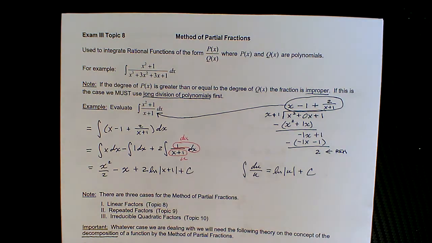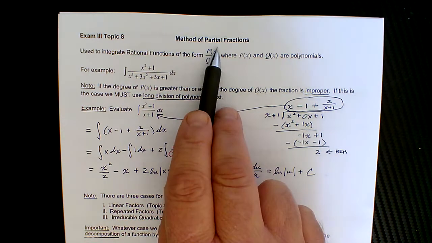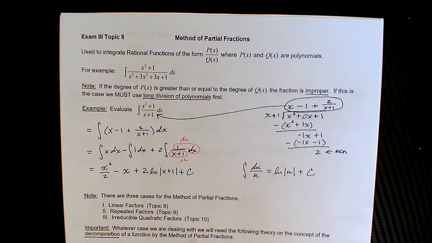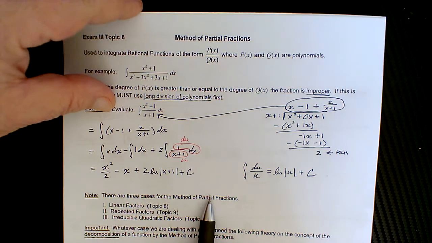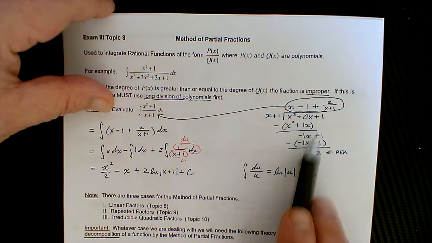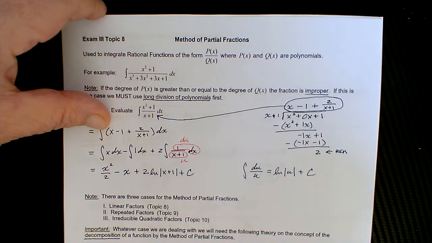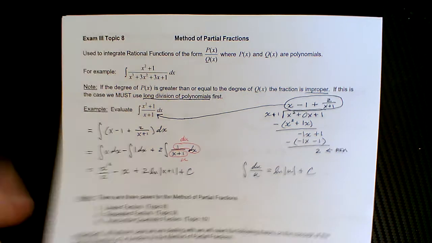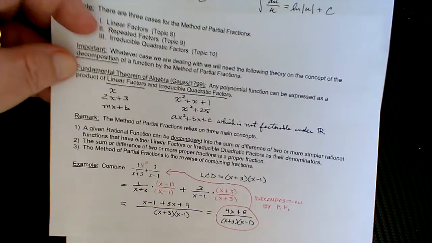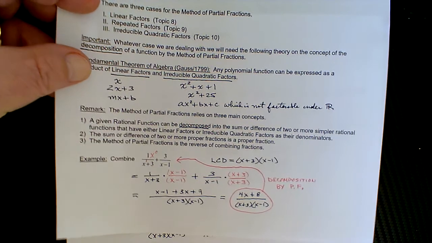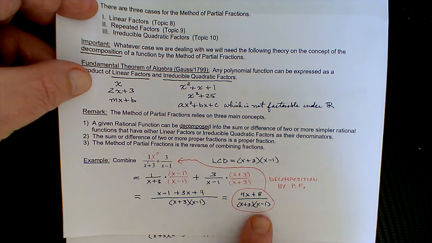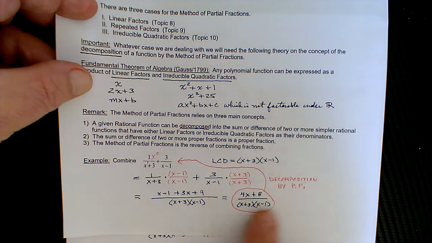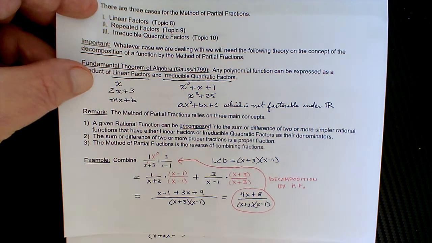Hello everyone, this is part 2 of topic 8 for exam 3, method of partial fractions. It's linear factors. This was our first page of notes. We saw improper fractions required long division, and we saw the fact that combining two proper fractions gives a proper fraction, and decomposition is the reverse of this.